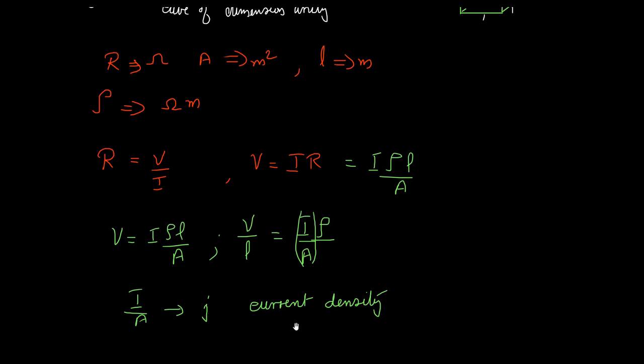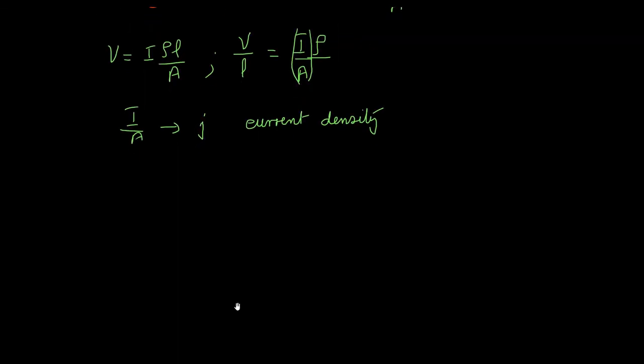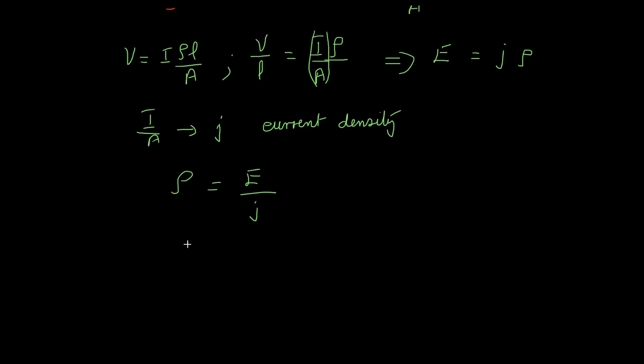Now what is potential difference by length? Already we had learned potential difference by length is electric field E. Electric field E is current density into resistivity, or resistivity can also be written as E by J, or J equal to E by rho.